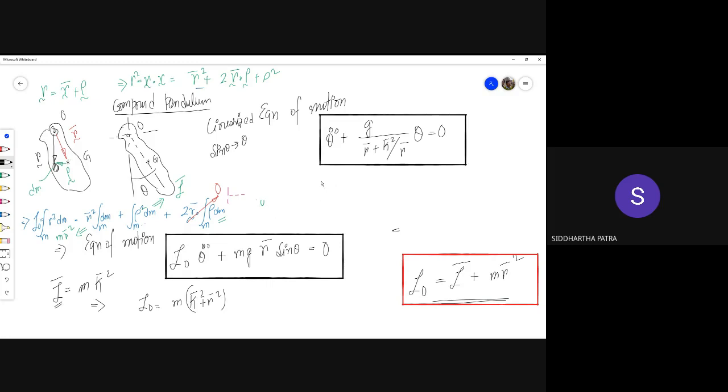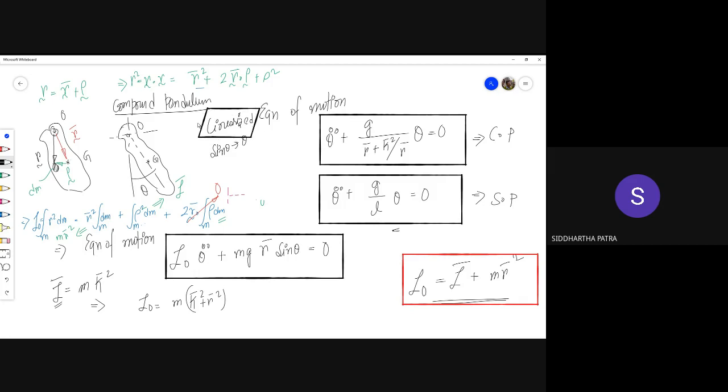So this is for the compound pendulum. When compared with the simple pendulum, that equation should be theta double dot plus g by L times theta equals 0 for simple harmonic motion. Of course, this is a linearized equation of motion, considering theta to be really, really small. The two equations look very similar.